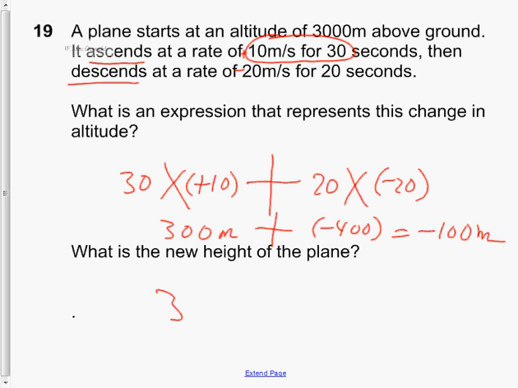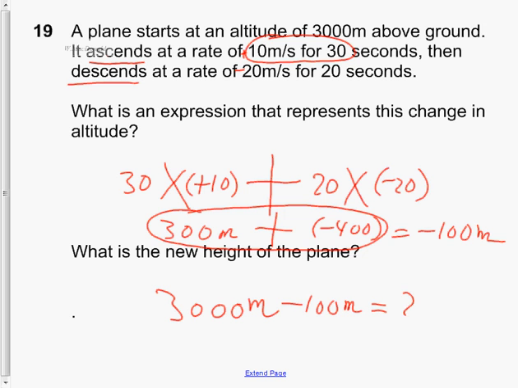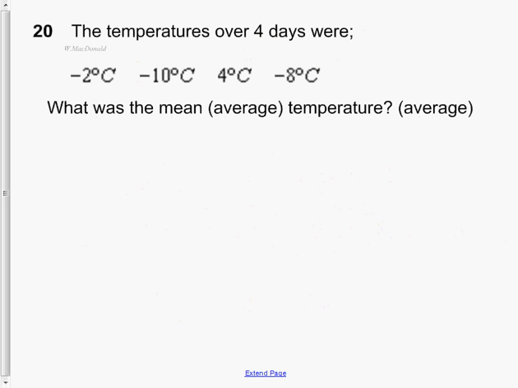Now, if it started at 3,000 meters, and over those 50 seconds went up 300 meters and down 400 meters, that means if I subtract 100 meters from the original height, the plane is now at 2,900 meters above ground.